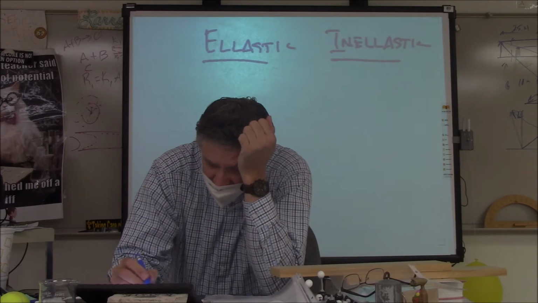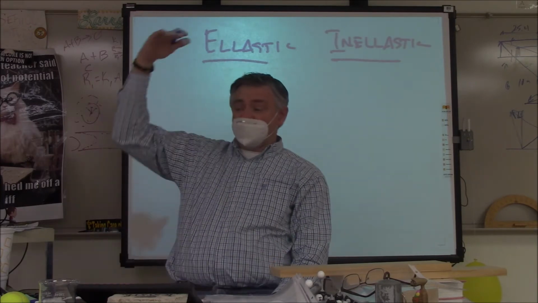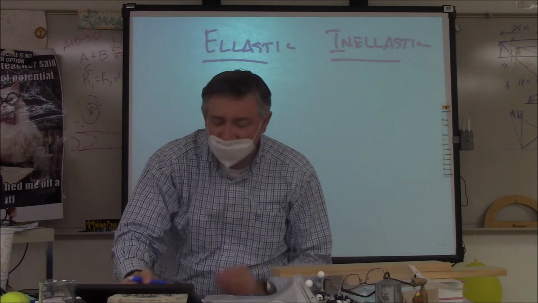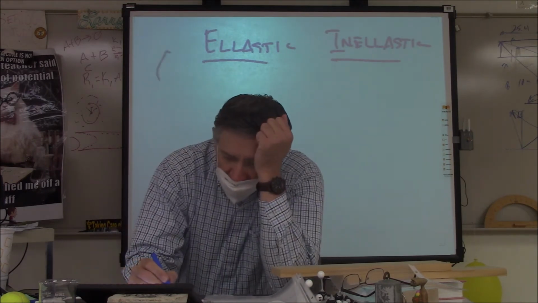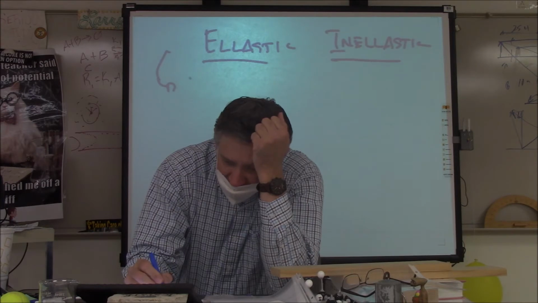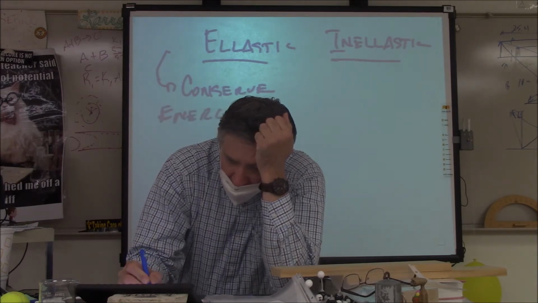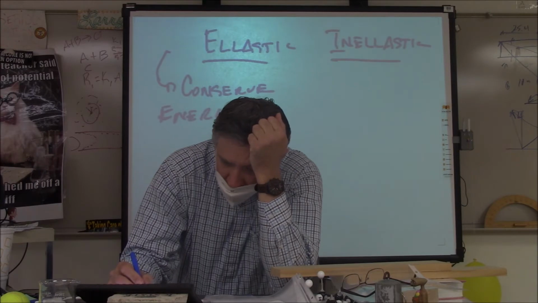If you have a perfectly elastic collision, and you would have to be told this is a perfectly elastic collision, you can conserve two types of things: energy and momentum.